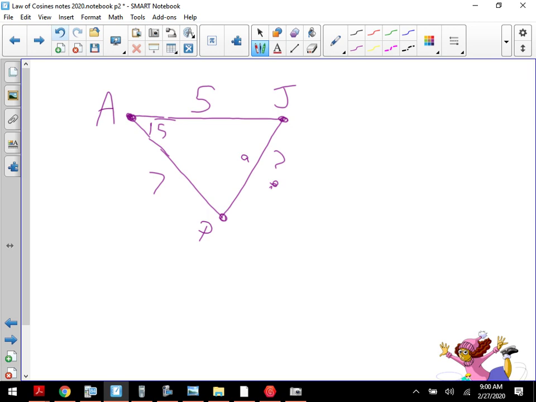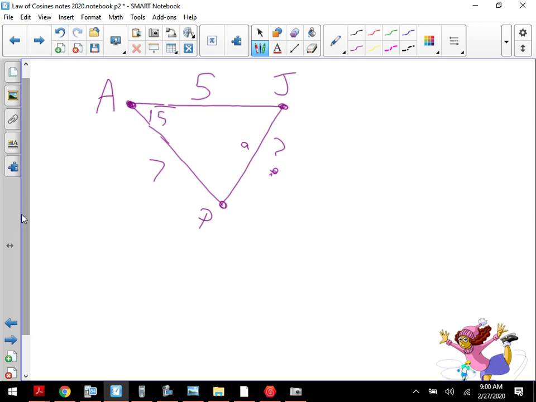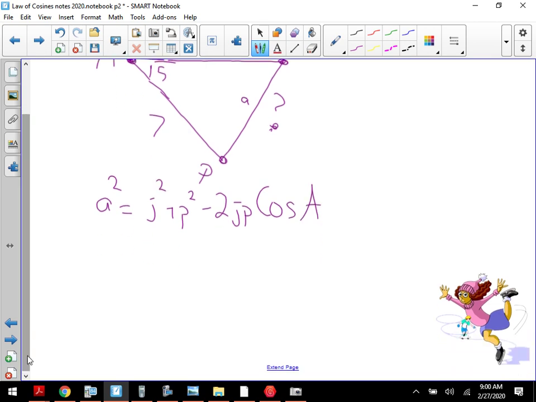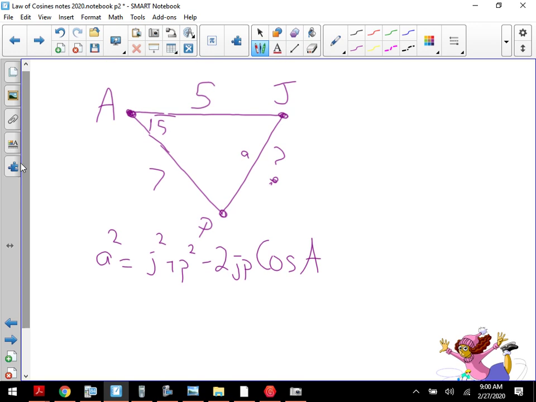When you're adding this stuff together, does it matter the order in which you add things? No. When you multiply things, does the order in which you multiply matter? No, and that's the thing with this. It honestly does not matter. So we would start out, our a squared would be j squared plus p squared minus 2jp cosine of big A. So we know j was 7, little j and little p.